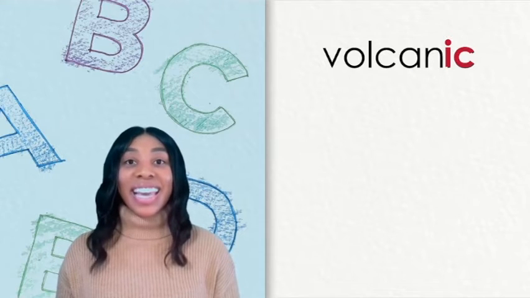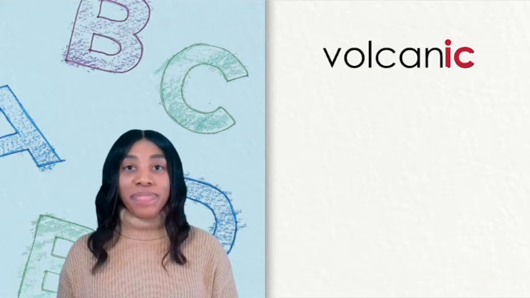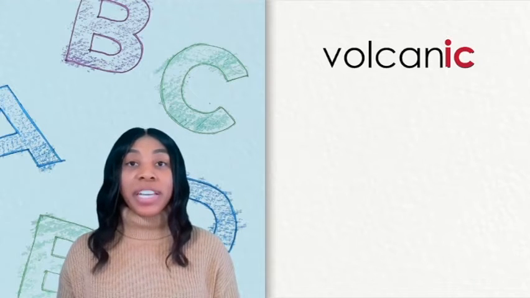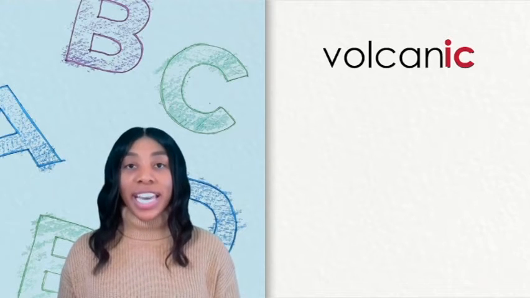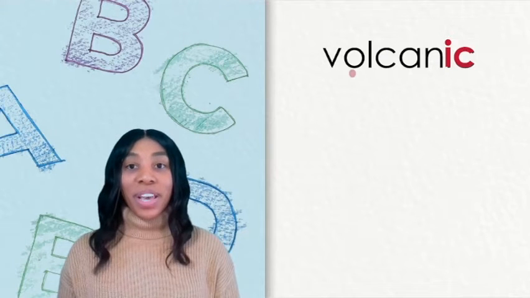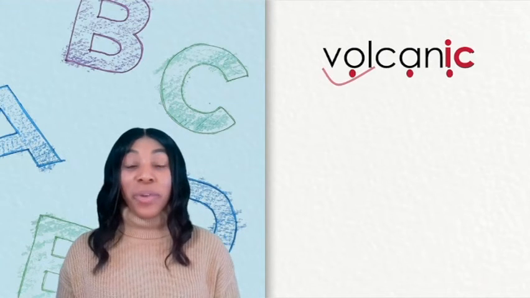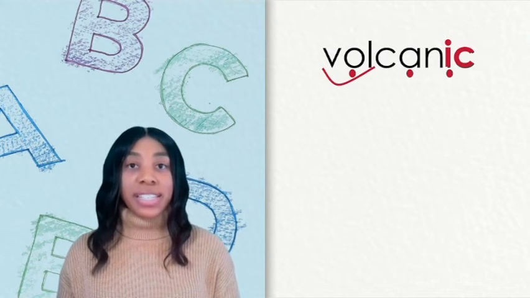It ends in ick, which makes the k sound. I want you to look for how many vowels are in the word volcanic. We have 3 vowels. Our next step, we are going to look at our first syllable.